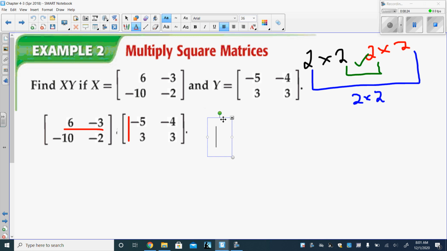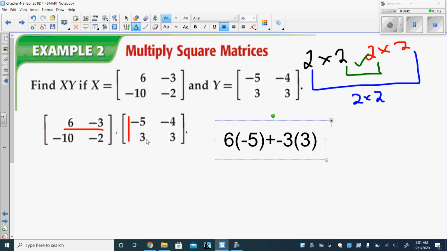So in the first spot of this matrix, what we're going to have is 6 times negative 5. First element here, first element. So those two multiply together. And we add to it negative 3 times 3. So this gives us our first spot. In a 2 by 2, the upper left, this is our first element.